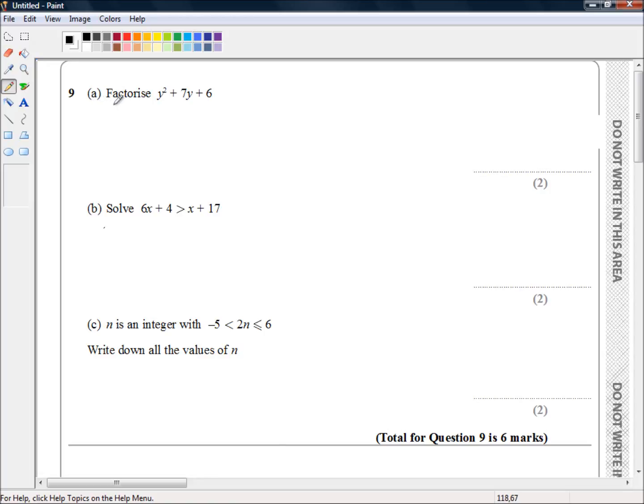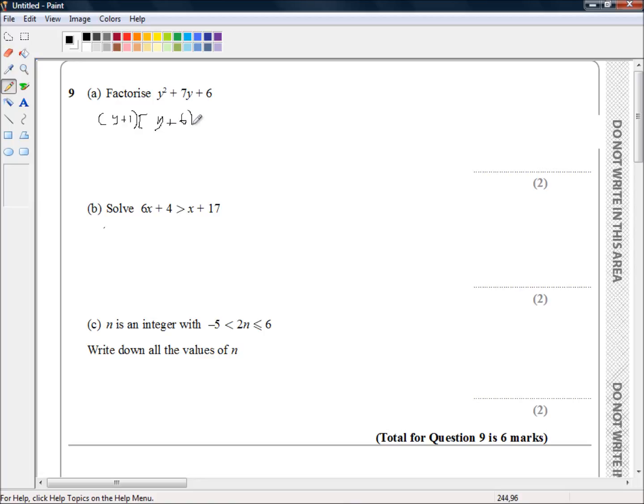Part A says factorise y squared plus 7y plus 6. So all we're looking for here is two numbers that multiply together to give 6 and add together to give 7. So that's just 6 times 1 is 6, 6 plus 1 is 7, so we can factorise this to y plus 1 into y plus 6.